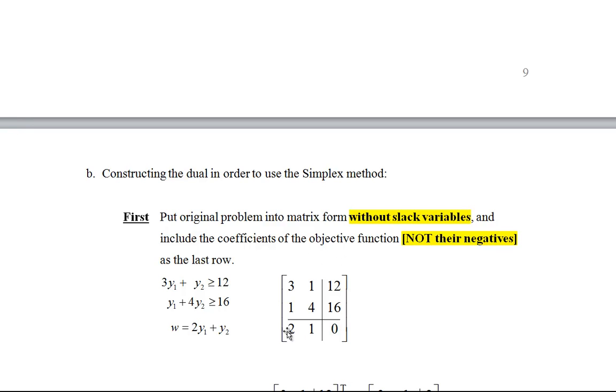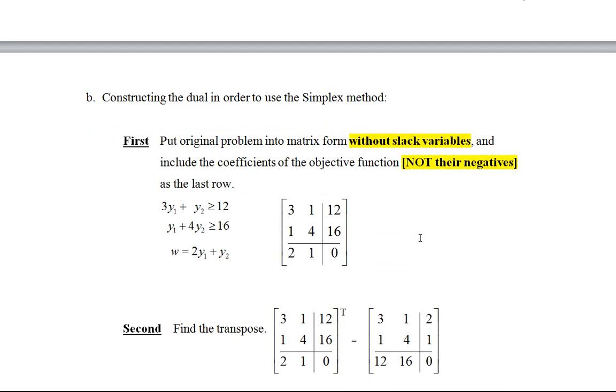Notice the 12 and 16. Notice that I take these as is and plop them in. Next thing I do is find the transpose. Transpose that right there and I get this. Notice my first row became my first column, second row, second column, third row, third column. So really it's not too bad so far.